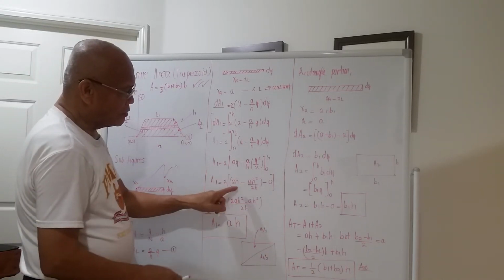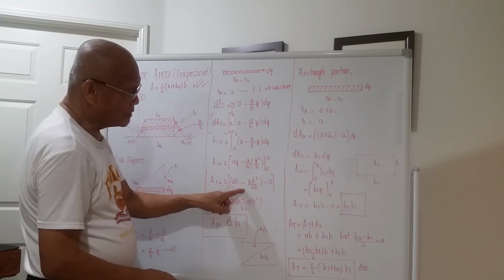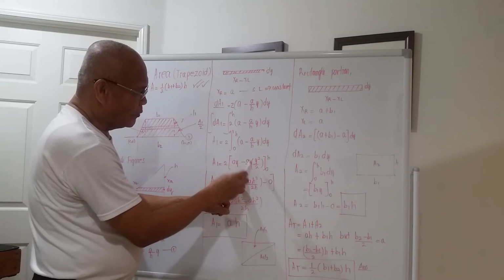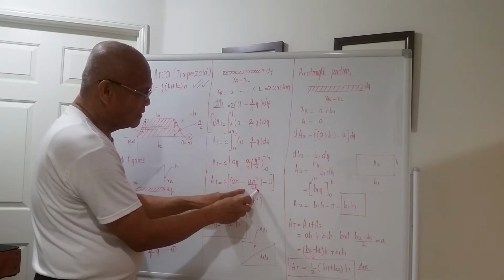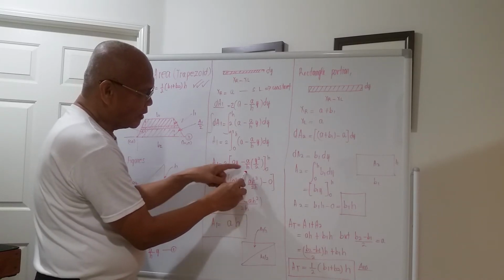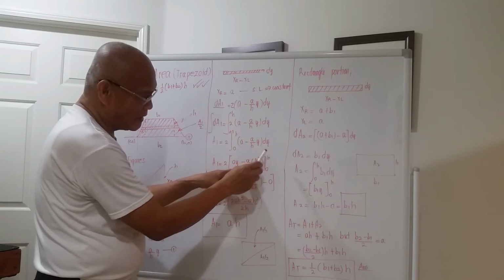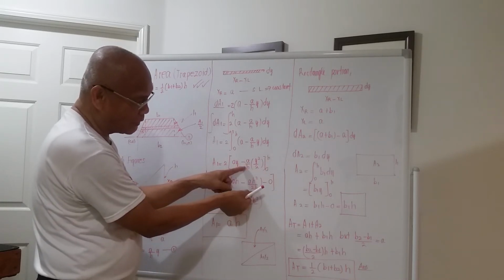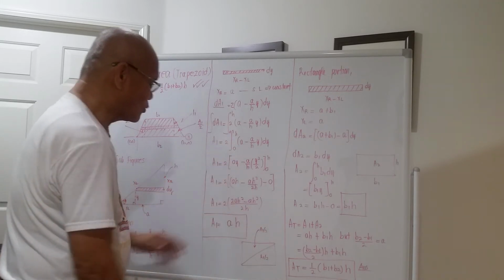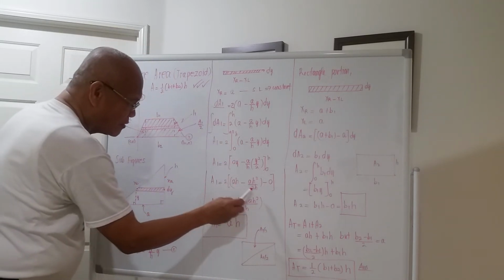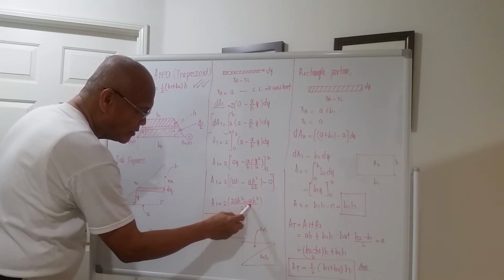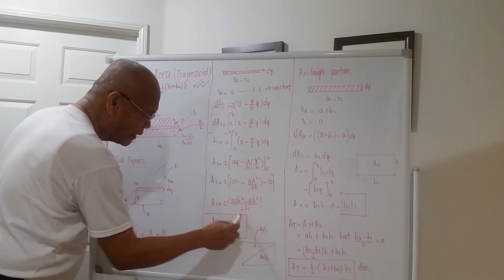If y is h, this should be ah minus, okay, a over h. If we replace y by h, this will become h squared over 2. So there is an over 2 over here. Simplifying this one, ah times 2h is actually 2ah squared minus ah squared all over 2h.